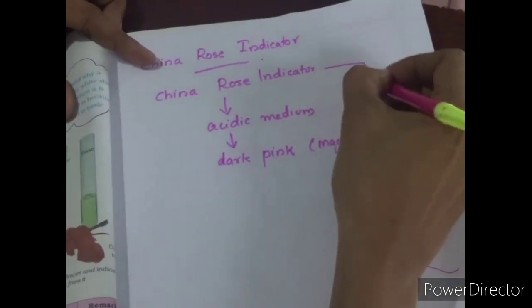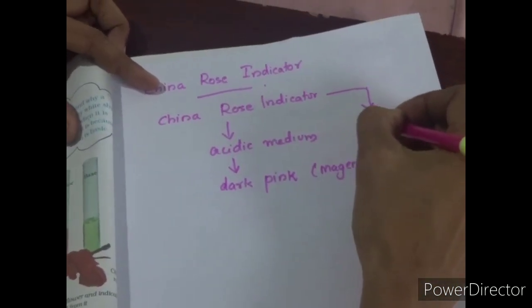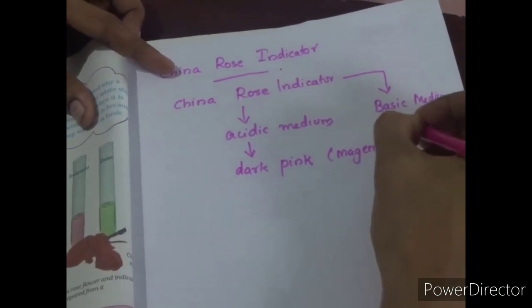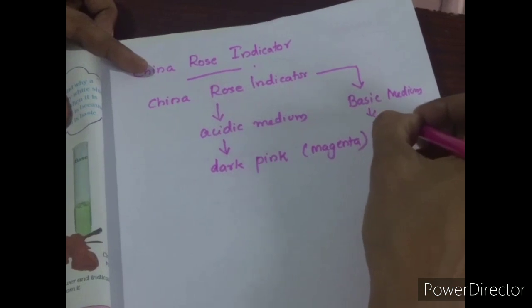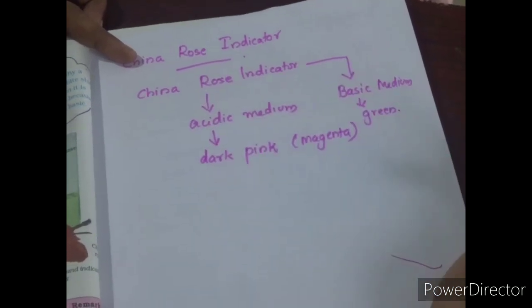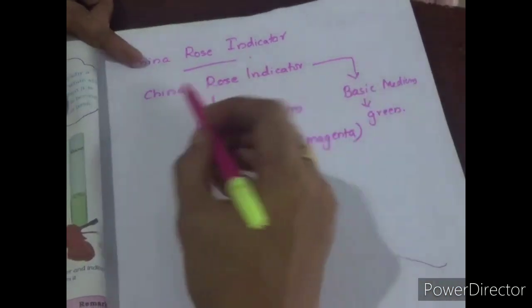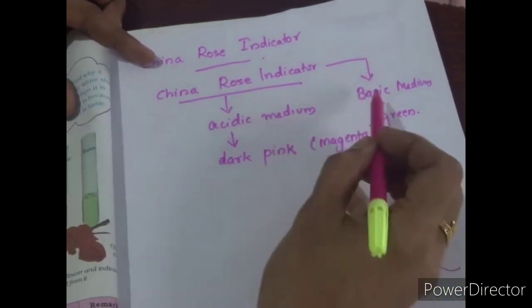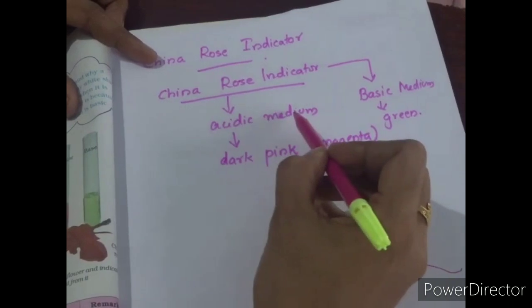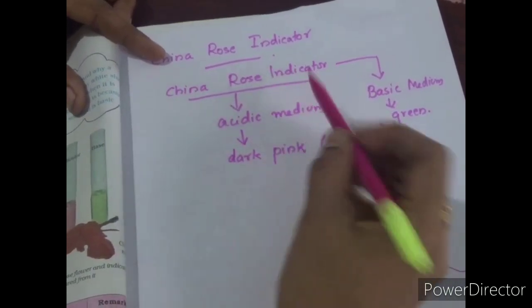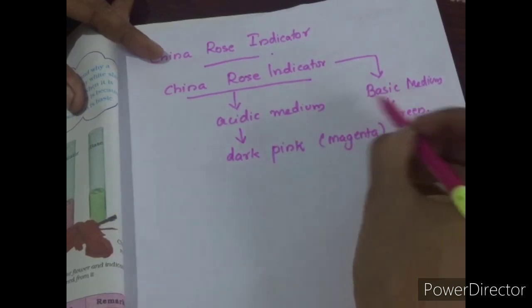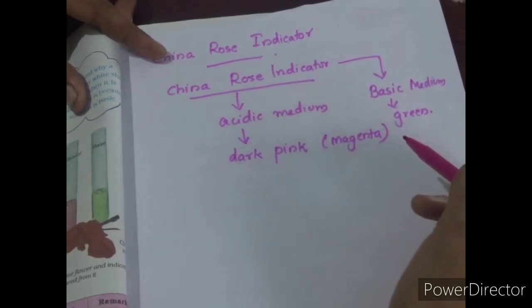In basic medium, the color changes to green. Again, the China rose indicator shows two different colors in acidic and basic medium. In acidic medium, the color of China rose indicator turns pink or magenta. In basic medium, its color changes to green.